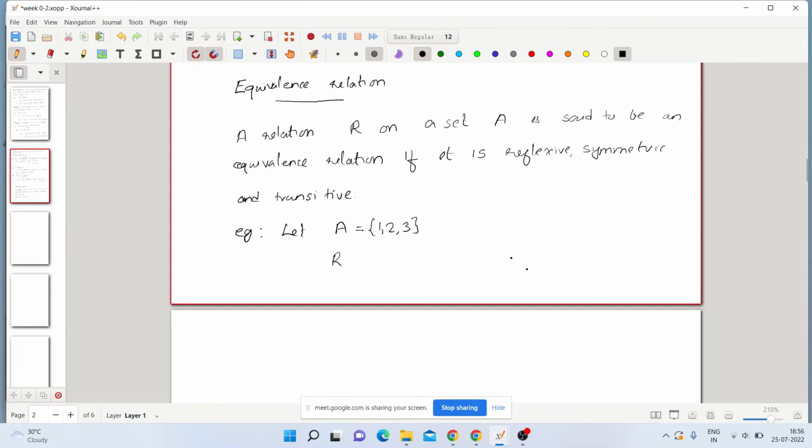First, to check the one-to-one condition, we need to check if f of x1 equals f of x2, whether x1 equals x2. By definition, f of x1 equals f of x2 means x1 plus 1 equals x2 plus 1, and this clearly implies x1 equals x2. So f is a one-to-one map.